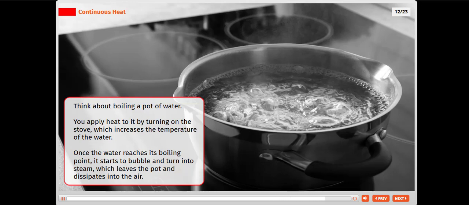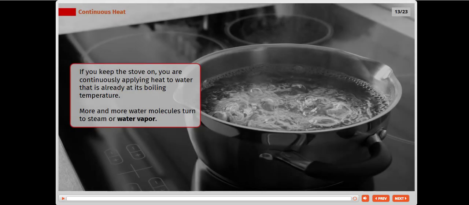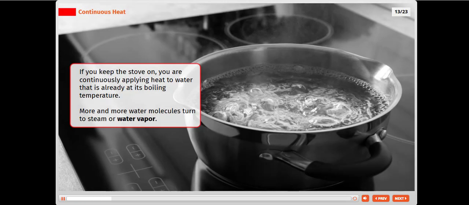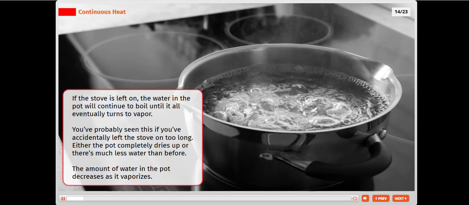If you keep the stove on, you are continuously applying heat to water that is already at its boiling temperature. More and more water molecules turn to steam or water vapor. If the stove is left on, the water in the pot will continue to boil until it all eventually turns to vapor. You've probably seen this if you've accidentally left the stove on too long.